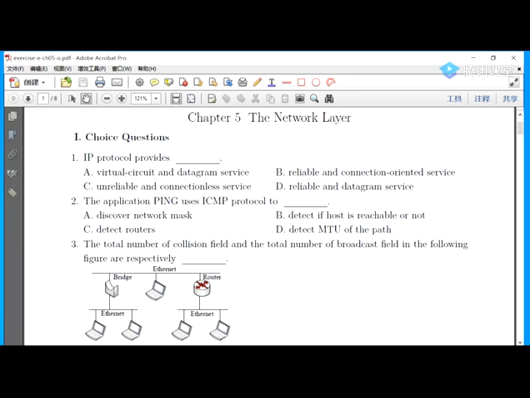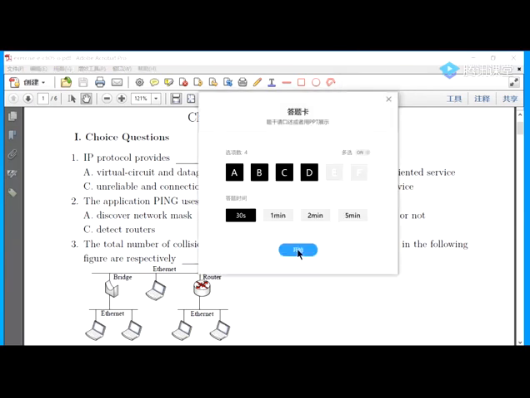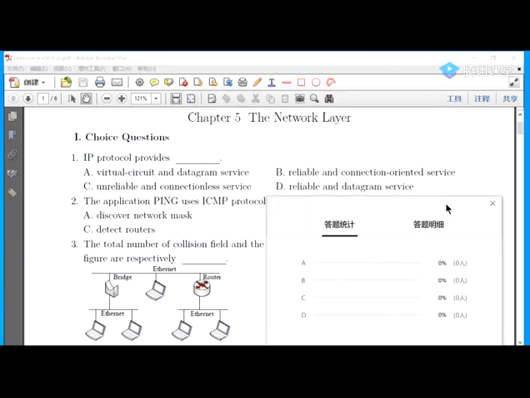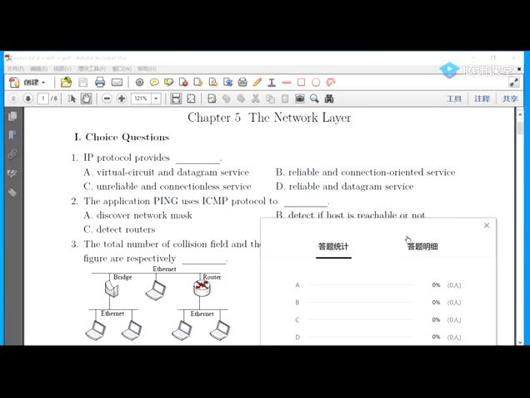C. Unreliable and connectionless service. D. Reliable and datagram service. So I will distribute the answer sheet.